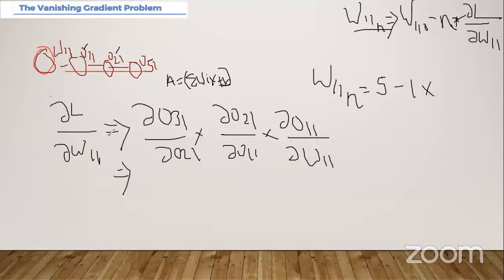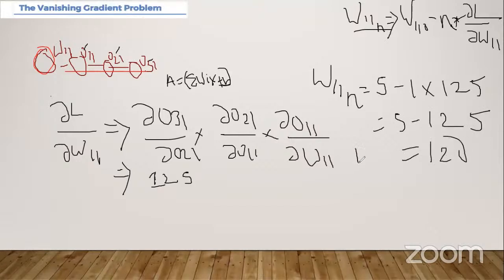And if I calculate the derivative of the loss function with respect to the old weight, and the value comes to somewhere around 125, after calculating all the weights and all the derivatives, and I insert that value in the weight calculation, what will happen? 5 minus 125, it will be around minus 120, and my new weight will become about 120, wherein my old weight was 5.